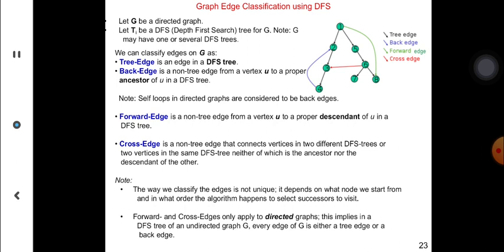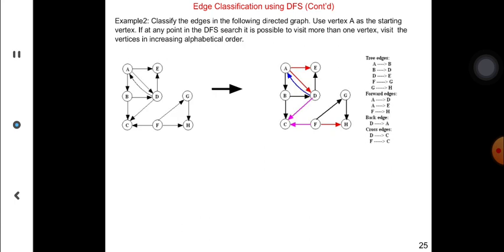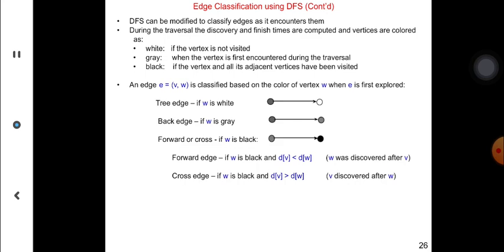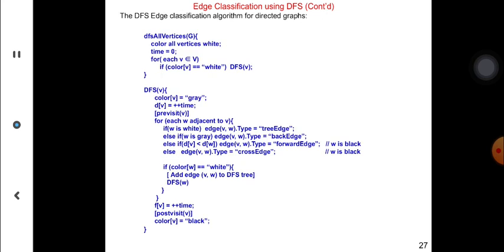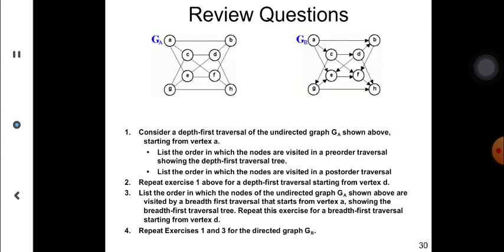Finally, I'm almost coming to the end of our discussion: edge classification using DFS, and how we classify different edges. These are different applications of depth first traversal. I will skip this, and we discuss more in computing, and there is also a classification using DFS, so we skip this part.